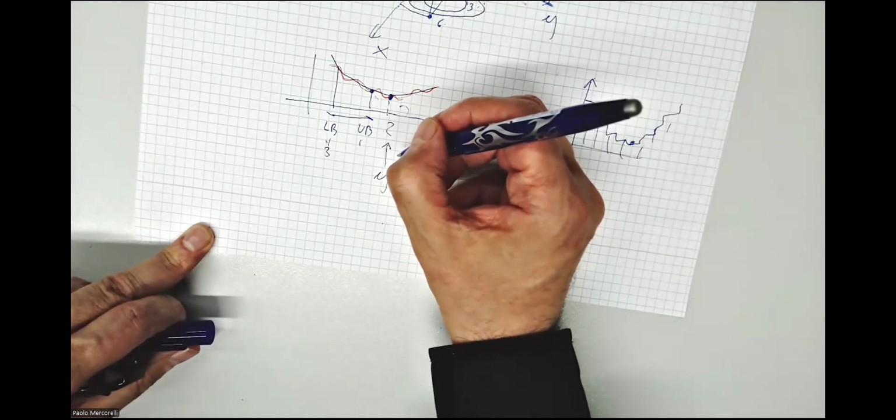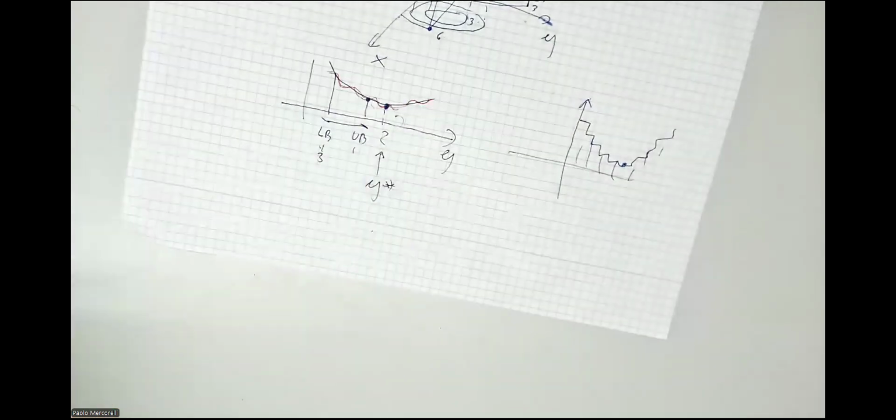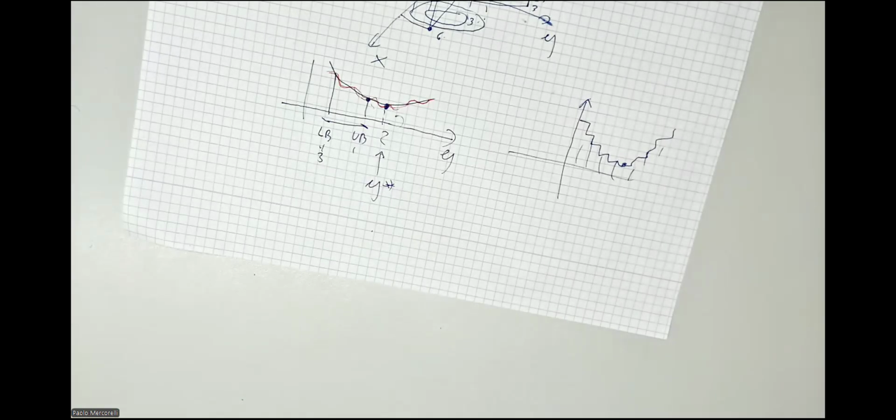The lower bound is 3. This should work. Why doesn't it work? Let me see what is the problem. Let me run. I change the lower, the upper bound? No. Strange, that doesn't work. Let me analyze. Let me prepare.